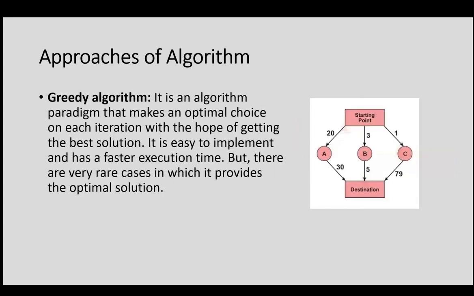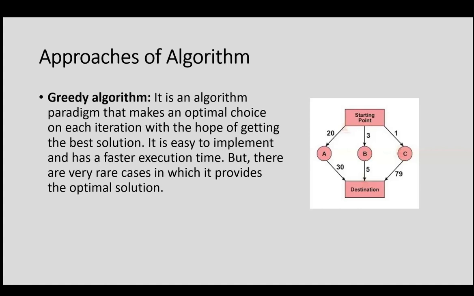Third one is the greedy algorithm. In each iteration, it will always look for the optimal choice, in the hope of getting the best solution. Out of the options, whichever is less, easier, or optimal, it will identify that as the solution. That is the greedy algorithm. Fourth one is dynamic programming. A big problem will be divided into sub problems.